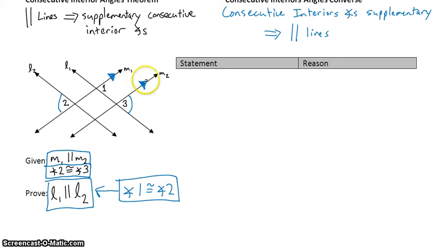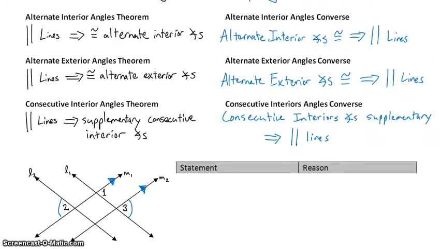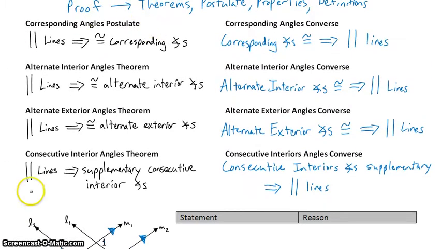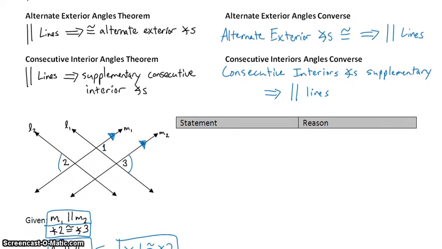And since my lines are parallel, I can use any of these theorems and postulates. So since my lines are parallel, all of these things are true. So let's look at M1 and M2 and the angles. If I look at L2 as a transversal, I only have one angle on the transversal L2.